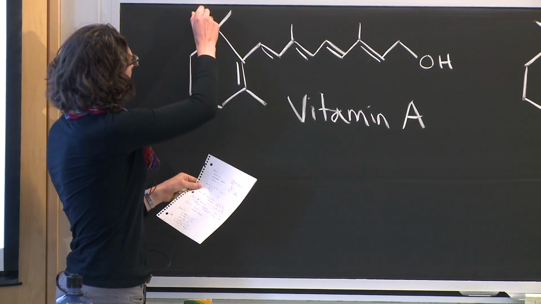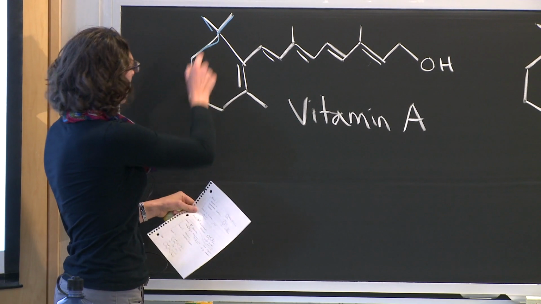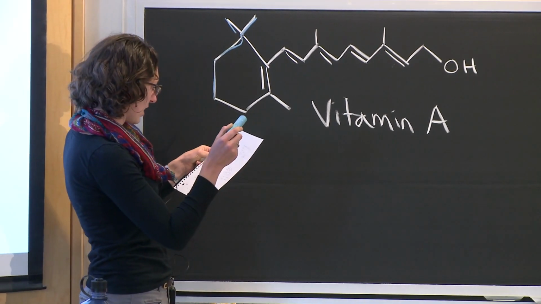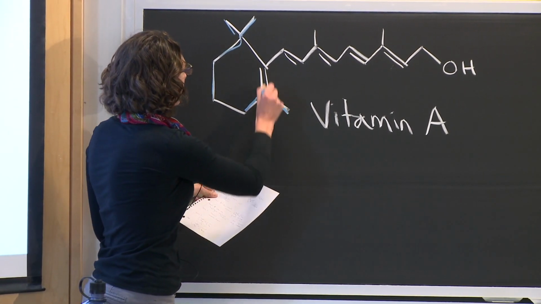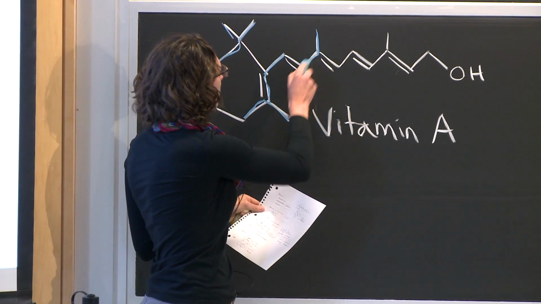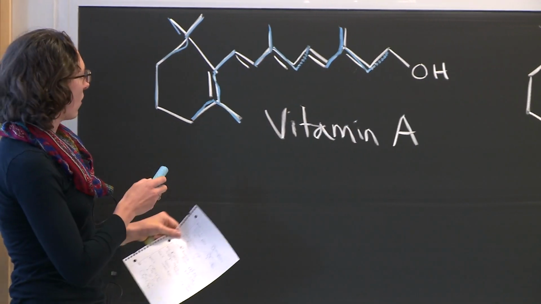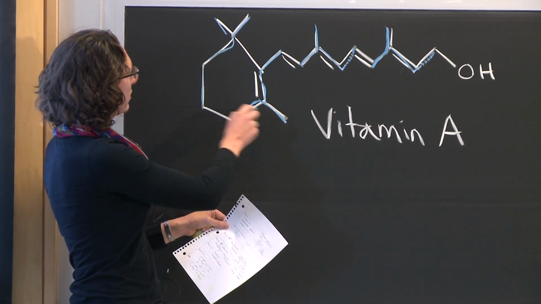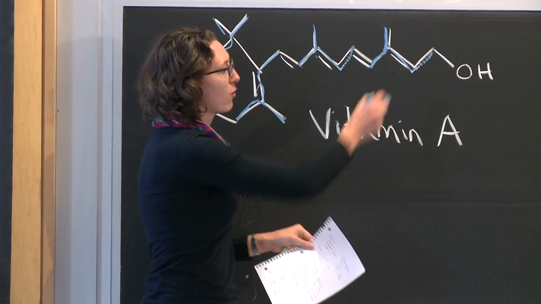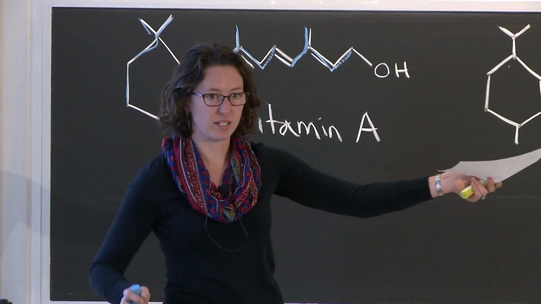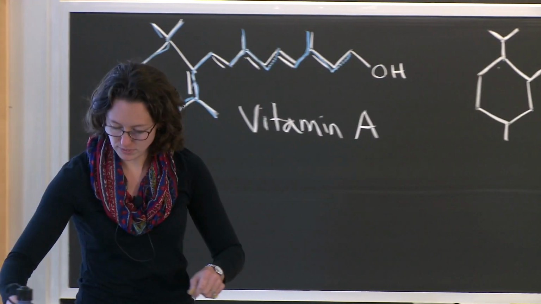If you start at the top, there's 1 there. And we have another 1, 2, 3, 4, 5 there. And then you can keep going down the chain. So how many isoprene units do we have here? We have 1, 2, 3, 4. So this would be a diterpene.